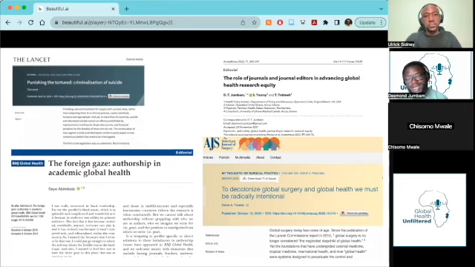Opinion pieces generally are published in newspapers. But for those of you who are academics, they can also be published in academic journals. These are some examples of opinion pieces published in academic journals, and typically they're called editorials.